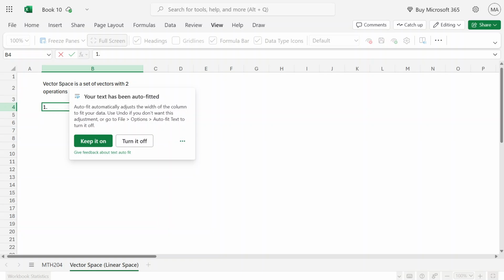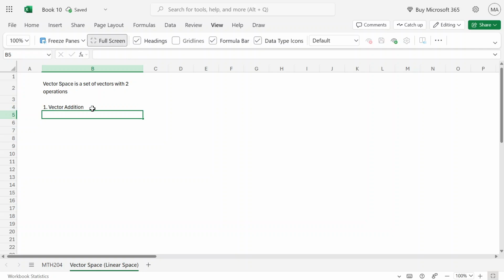One is what we call vector addition, and two is scalar multiplication. You see, it is not complicated.